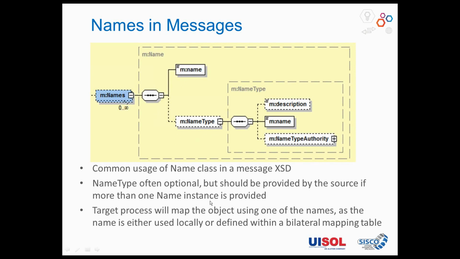It should be provided by the source if more than one name instance is provided, obviously, so that you can get some uniqueness. And you must also remember, this does not negate the need to have bilateral mapping tables or naming services. It simply allows you to put all those names in the message, okay, which we could not do before.